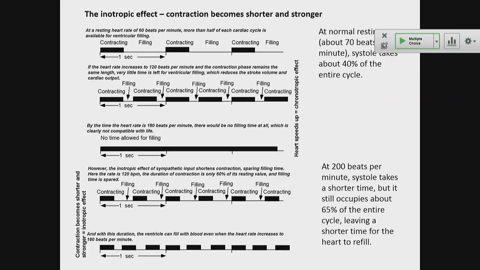And the bottom line is, this shortening of the contraction and increasing the strength of the contraction, which we call the inotropic effect, needs to go hand in hand with an acceleration of the heart rate. And an acceleration of the heart rate we call the chronotropic effect.